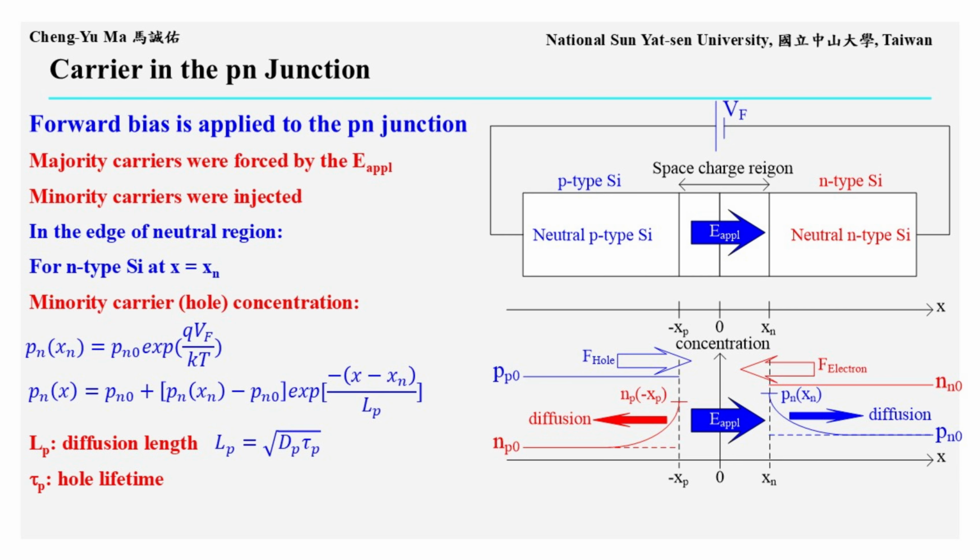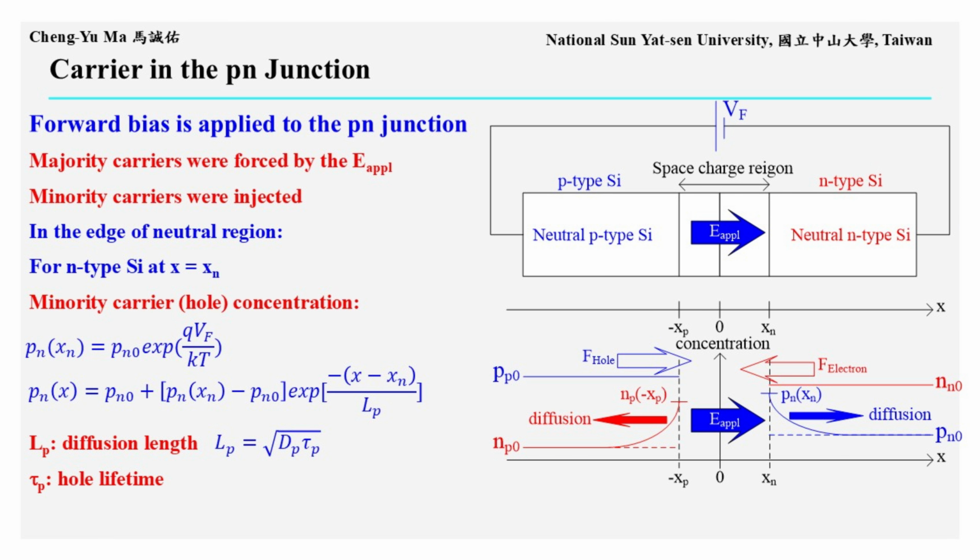Finally, we can obtain the minority carrier hole concentration equation inside the n-type neutral region, as shown on the slide. Compared with the minority carrier concentration pn0 without bias, the extra injected minority carrier concentration, pn at xn minus pn0, decreases exponentially with position. As mentioned earlier, this is caused by recombination.